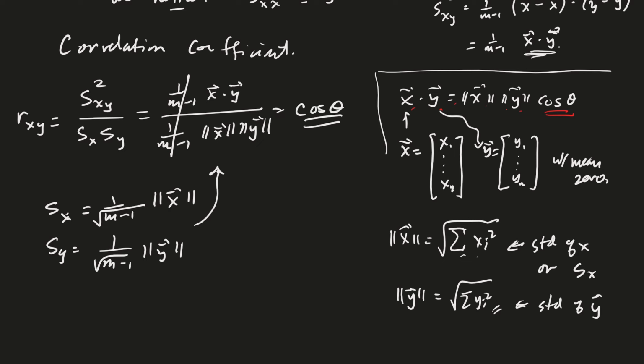Whew. So therefore, we know all about the correlation coefficient, because the correlation coefficient can only be a number between -1 and 1. Think of the correlation as being perfectly negatively correlated if the cosine of theta is -1, and perfectly correlated if the correlation coefficient is equal to +1.